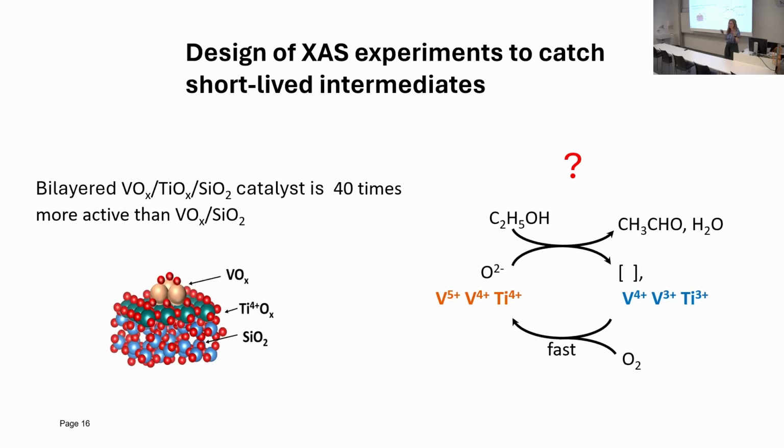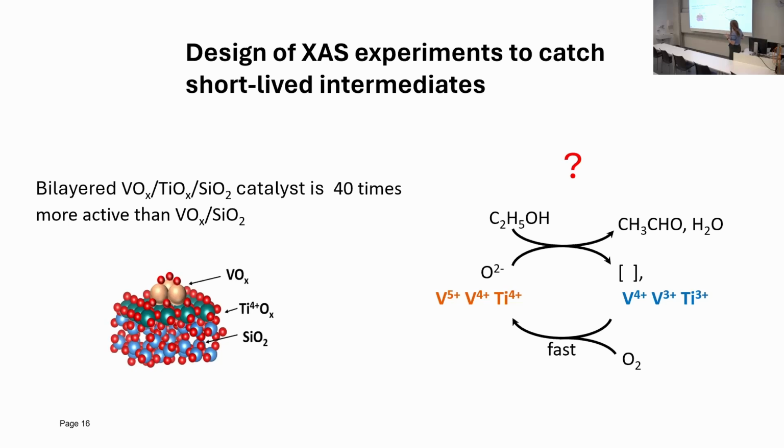So the promotion of vanadium by titania was in place. We modified the catalyst, and we also designed experiments, considering that the alcohol activation is a slow part of the catalytic cycle, and the oxidation is a long part of the catalytic cycle.